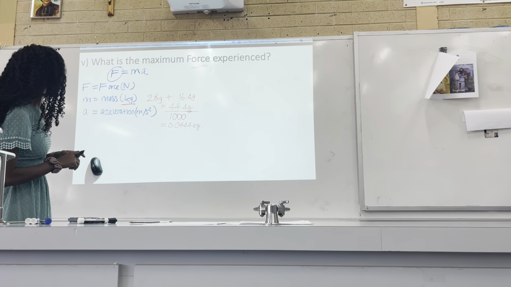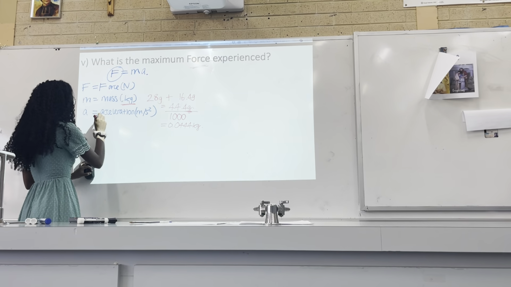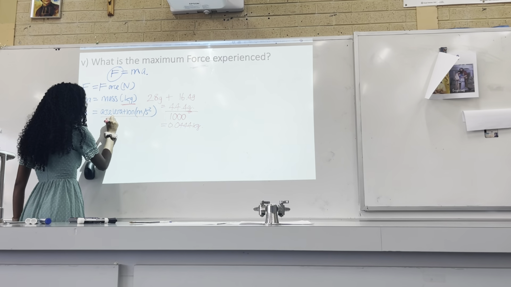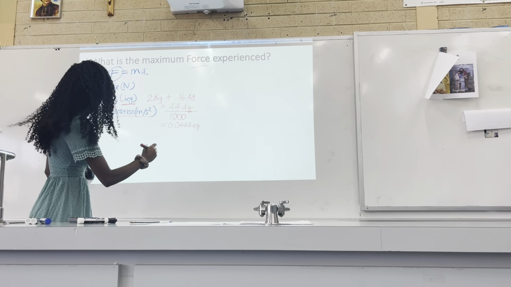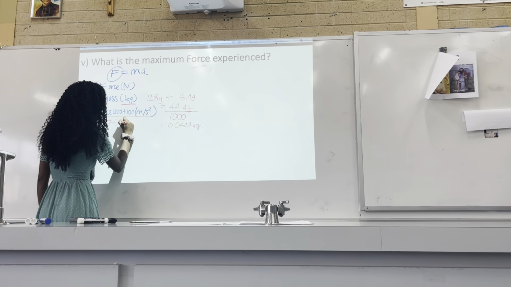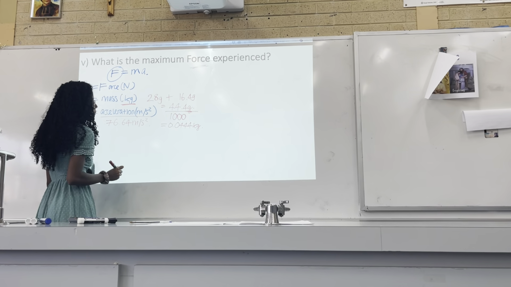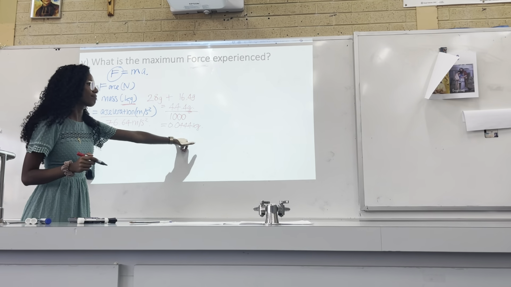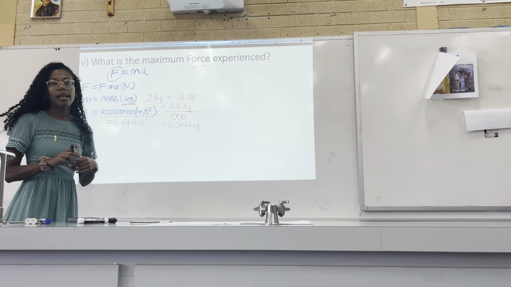When we look at the acceleration we recently worked out, mine was 76.64 meters per second squared. So we've got our mass and our acceleration, and all we have to do is input the numbers.